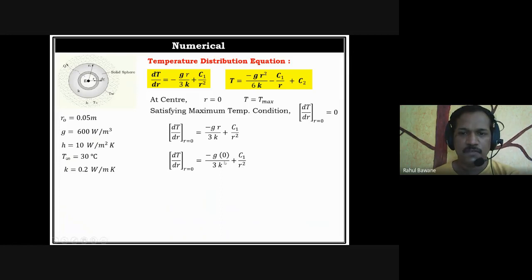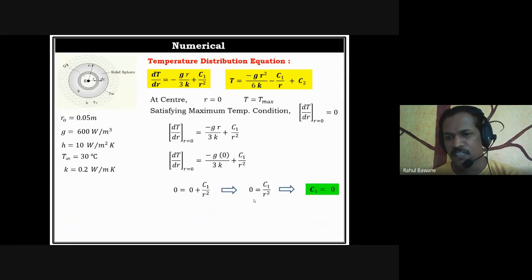So in the first term r is 0, so the whole term becomes 0, and dT/dr at r equals 0 is nothing but 0, as it satisfies the maximum temperature condition. So finally 0 equals 0 plus C1 upon r square. Shifting this r square to the left-hand side, it becomes 0. So at last we get the value of C1 equals 0.